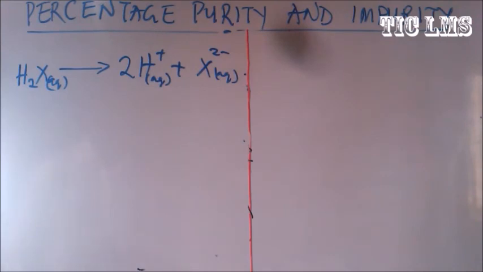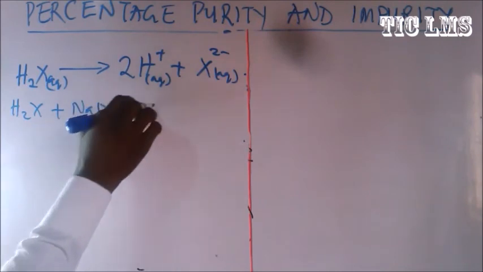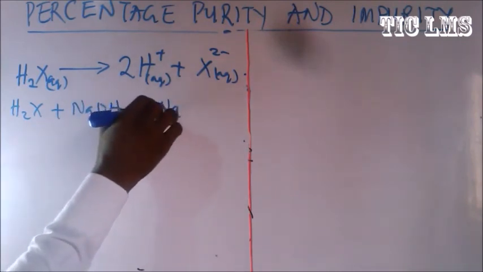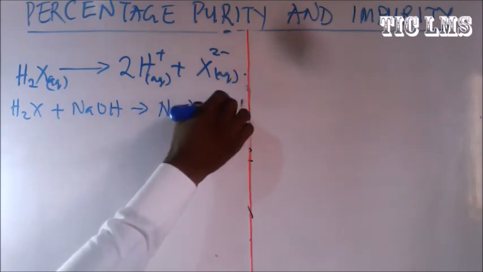Next, we were told that this neutralized sodium hydroxide, and so we have H2X plus sodium hydroxide to produce Na2X plus H2O.